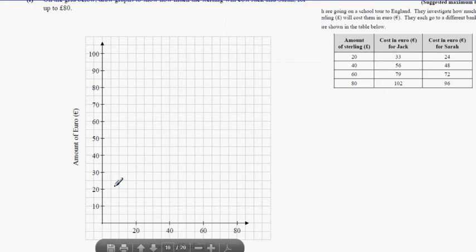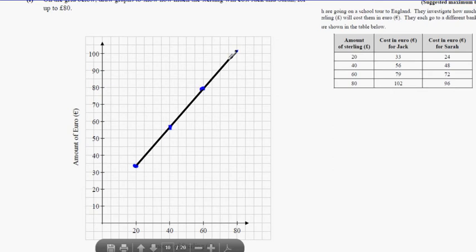The first one is 20. €20 goes to 33 for Jack. €40 goes to 56. €60 goes to 79, which is here. And finally €80 goes to 102, which is just up here. Then you can draw your line, and it's linear, as we can see from all those points.